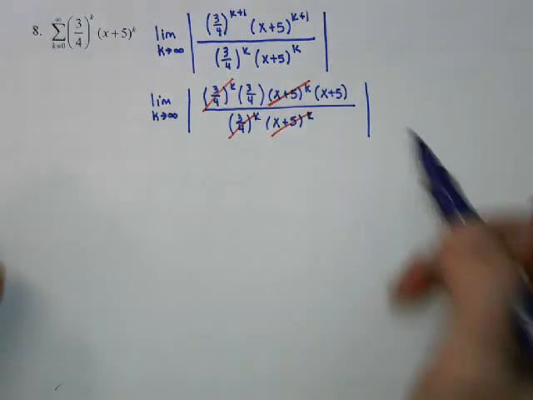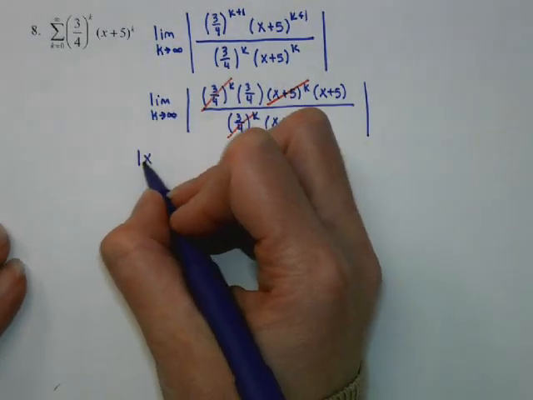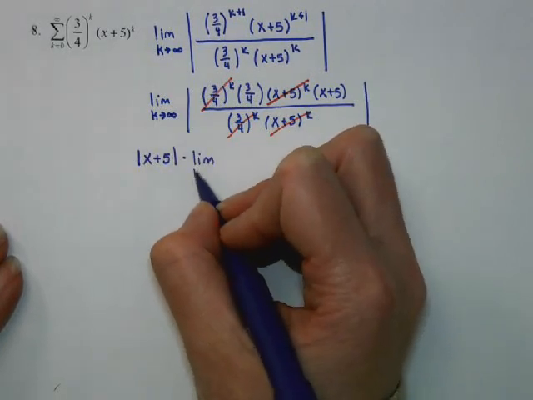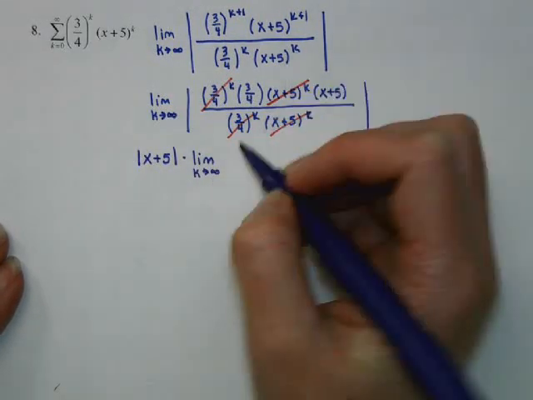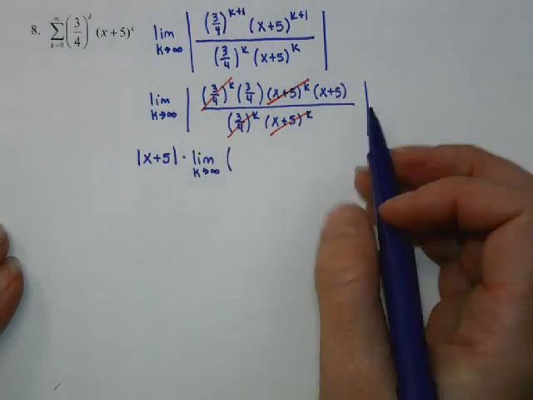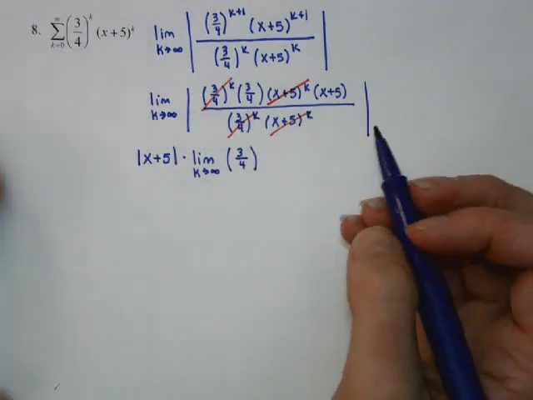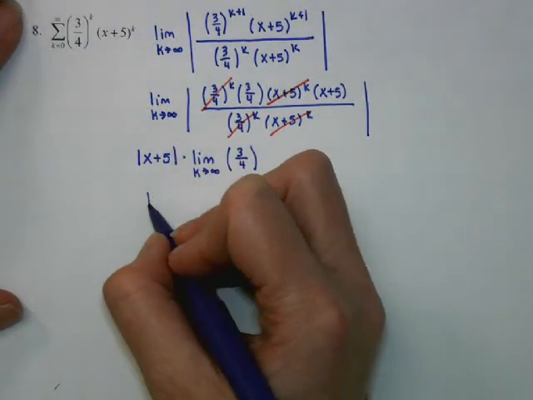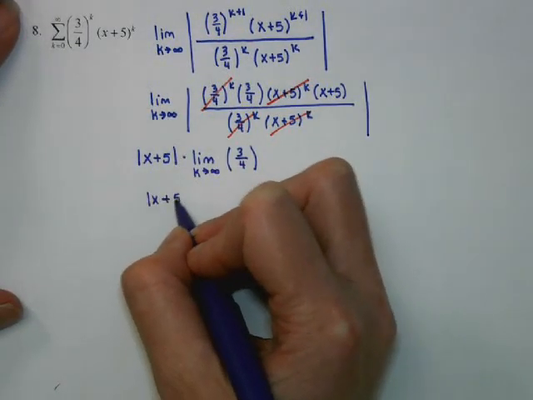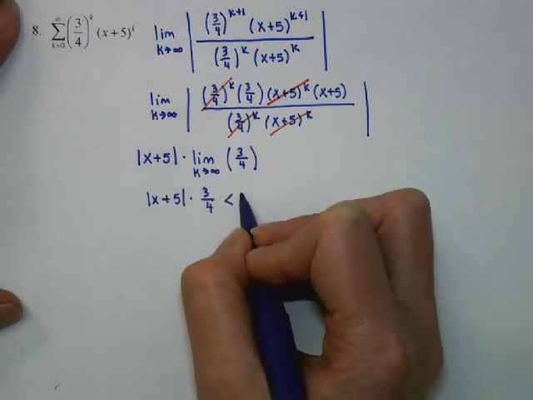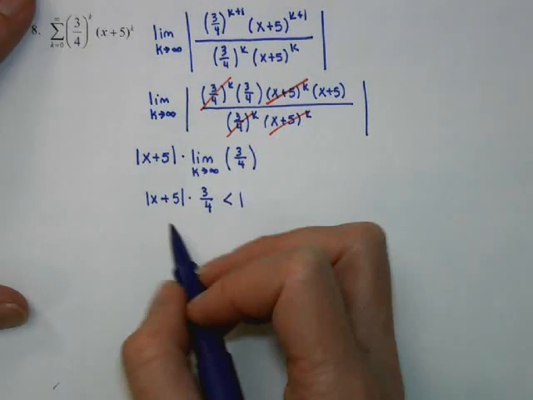So I'm going to pull out the x+5, which leaves me with, I crossed off everything here except for 3/4. So the limit as k goes to infinity of 3/4 is 3/4. And we want that to be less than 1.